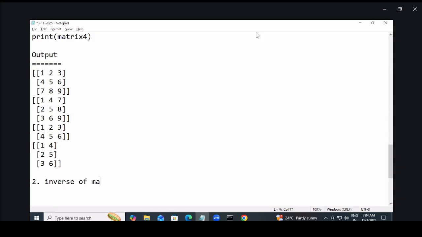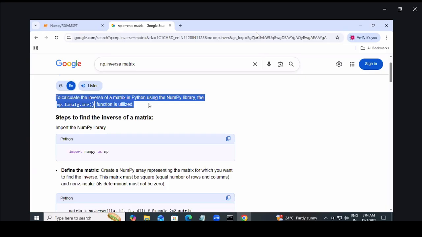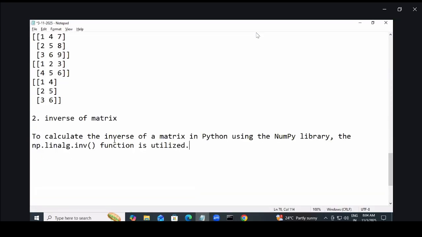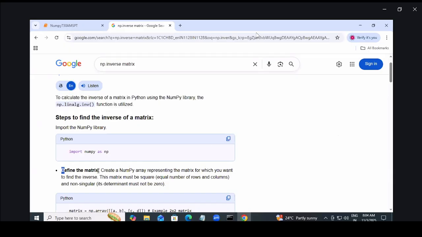How can you find the inverse of the matrix? By using the NumPy library, np.linalg.inv. You can also use the matrix.I method.